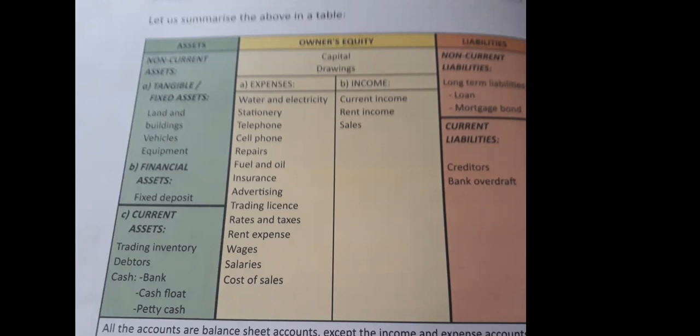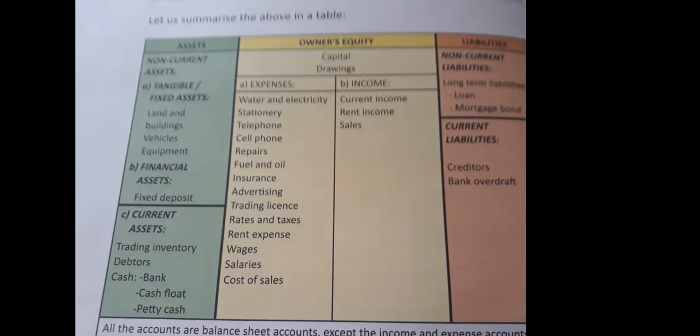Then with B, financial assets, the example there is the fixed deposit. At this stage, you don't really work with that one, but you're still going to work with C when we get to the current assets. Current assets are like trading inventory, sometimes called trading stock, debtors, and then bank and petty cash. Those are all examples of current assets.